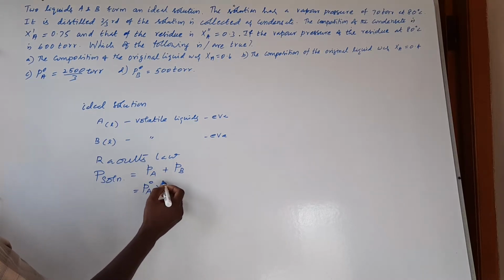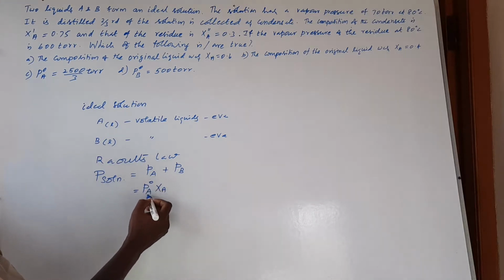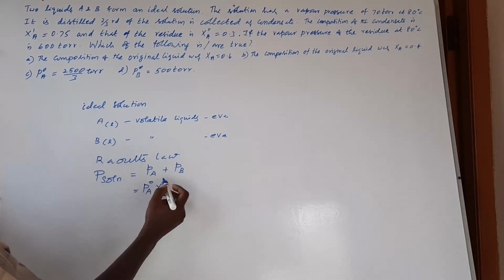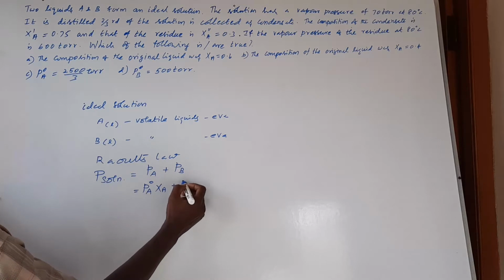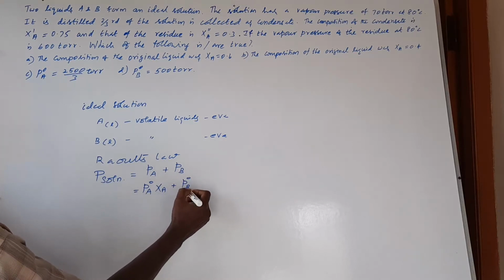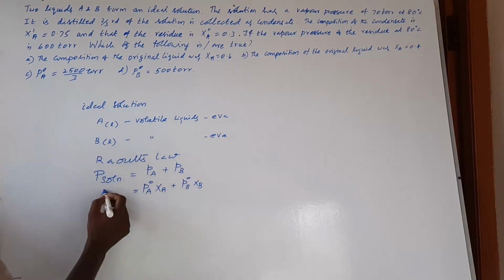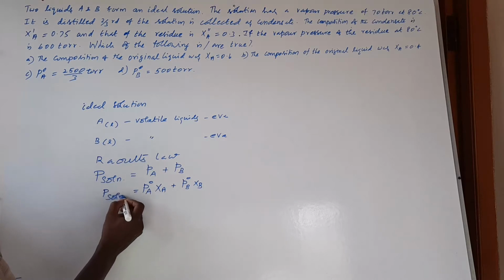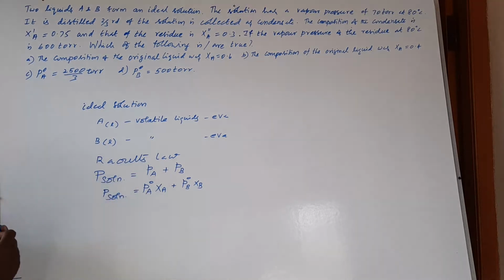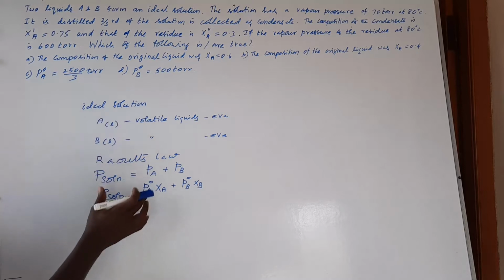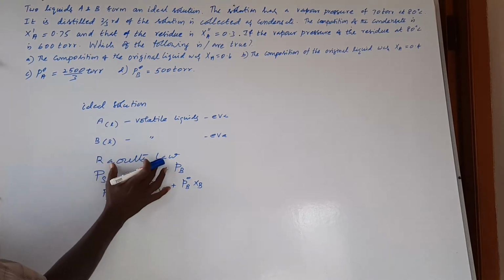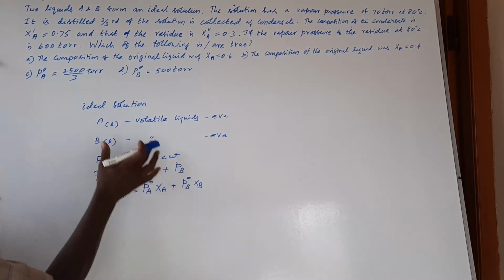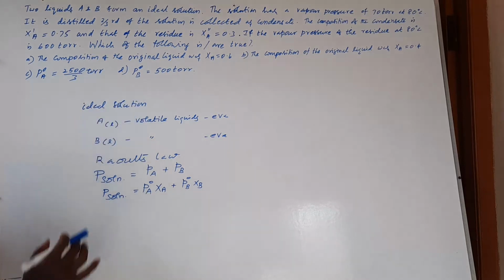Here XA is called mole fraction of A, P naught A is called vapor pressure of pure A, plus P of B equal to P naught B XB. It is called vapor pressure of solution. This solution obeys Raoult's law, so this formula can be applicable to this solution.